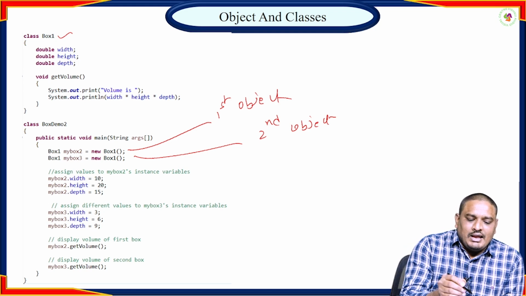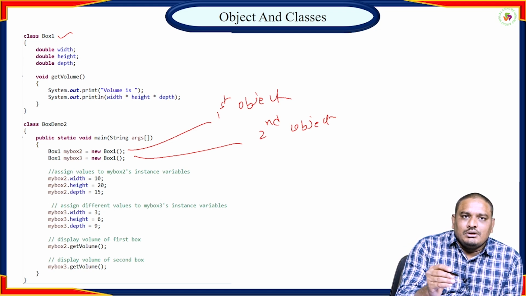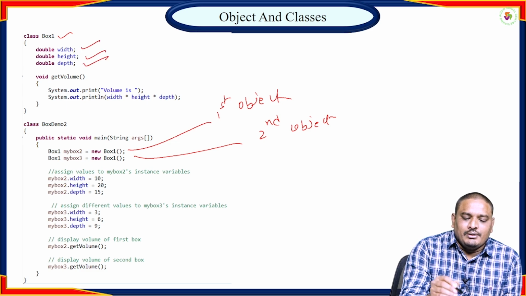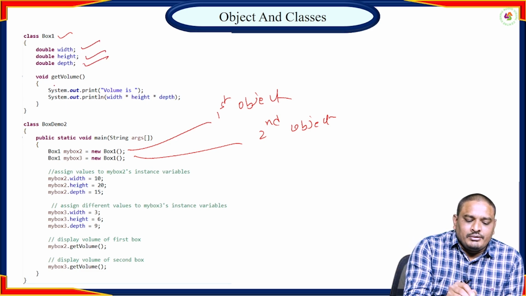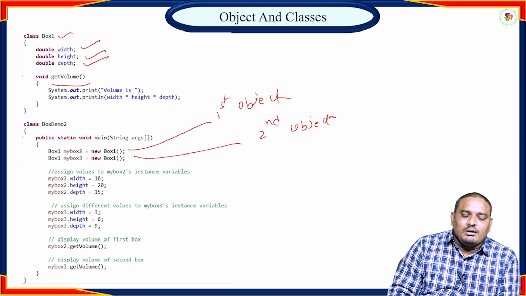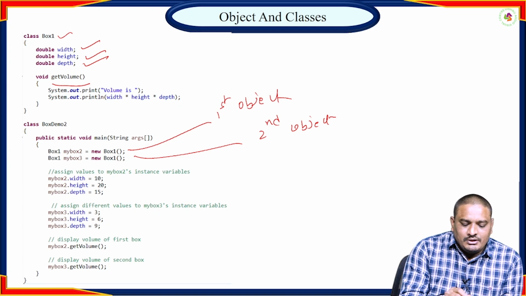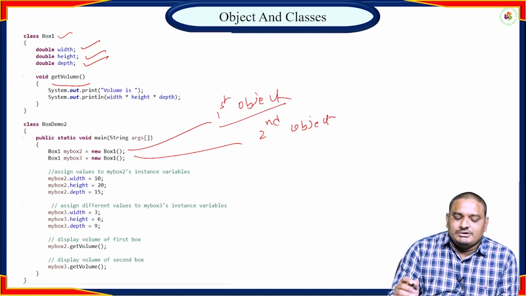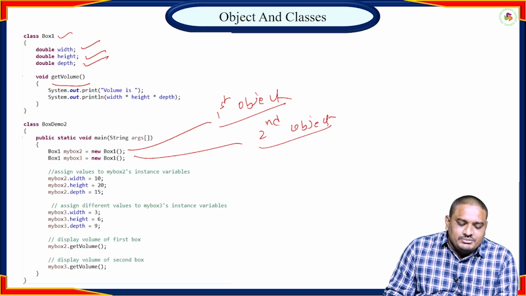Here in that class we are declaring the variables width, height, depth. getVolume is a method name. See this one: Box1 myBox2 = new Box1(). This is creating the first object. myBox3 is creating the second object.